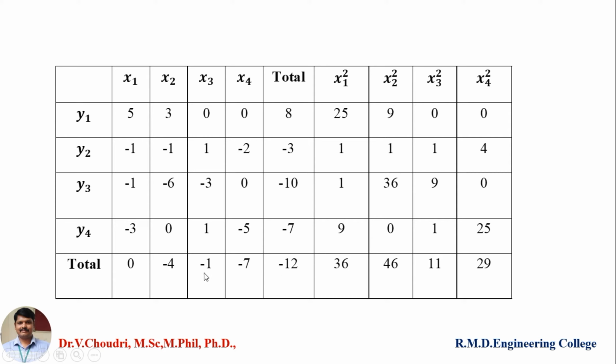These are the total values. Sum of the total: 25 plus 1 plus 1, 9, 36, 10, 46, 10, 11, and 4 plus 25, 29. These are the table values.